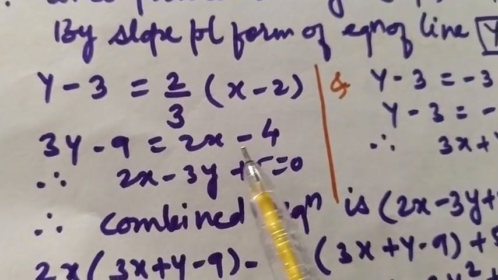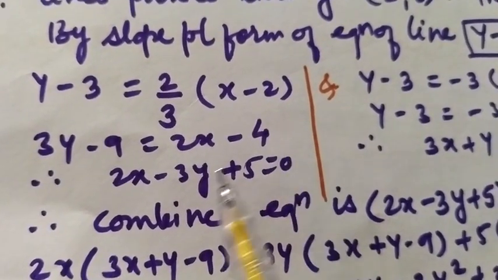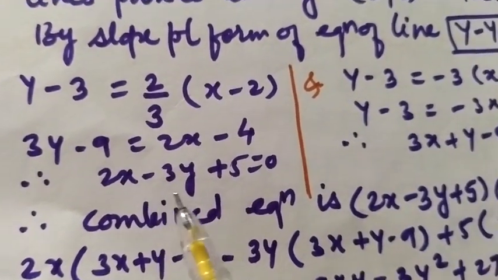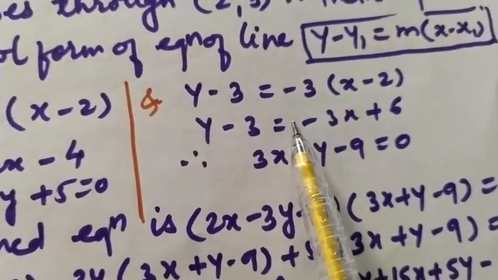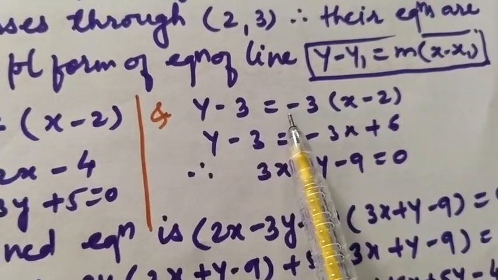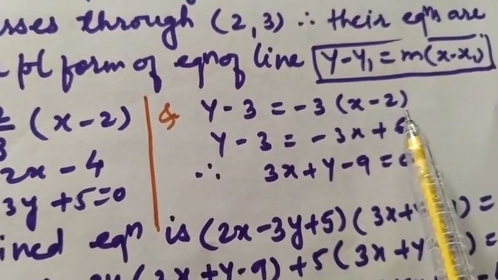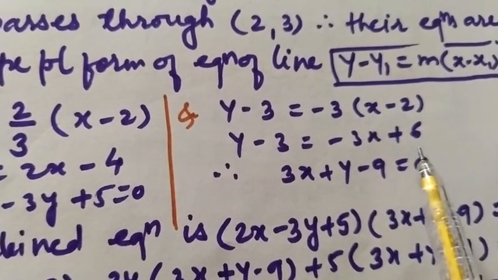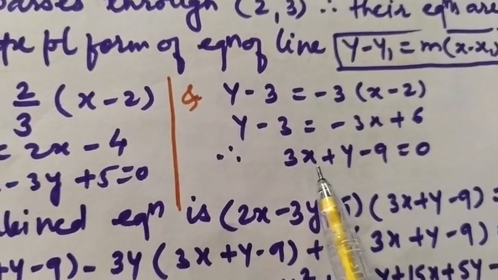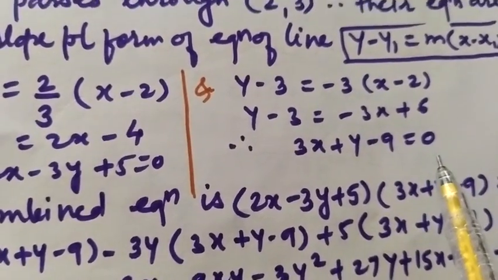So 3y - 9 = 2x - 4. This gives you the equation 2x - 3y + 5 = 0. Same is the equation for the slope -3: y - 3 = -3(x - 2). Simplify this, and the -3x and this give you the simplification 3x + y - 9 = 0.